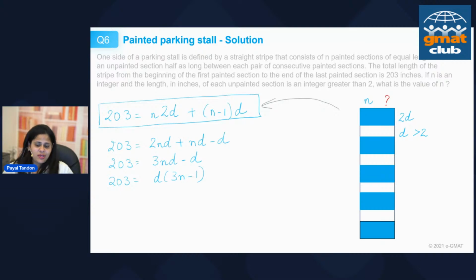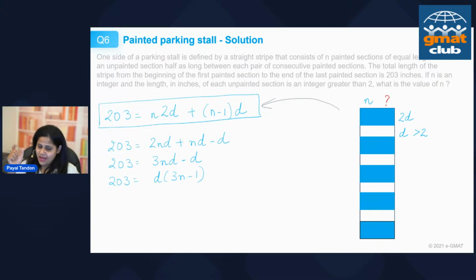Now do you say, okay, how do I solve this question? I have one equation but two variables. You are going to find this in a number of quant questions wherein you have one equation, two variables, and the question expects you to find the value of one of the variables. Again, whenever you see that, don't fret, trust yourself, trust the test maker.